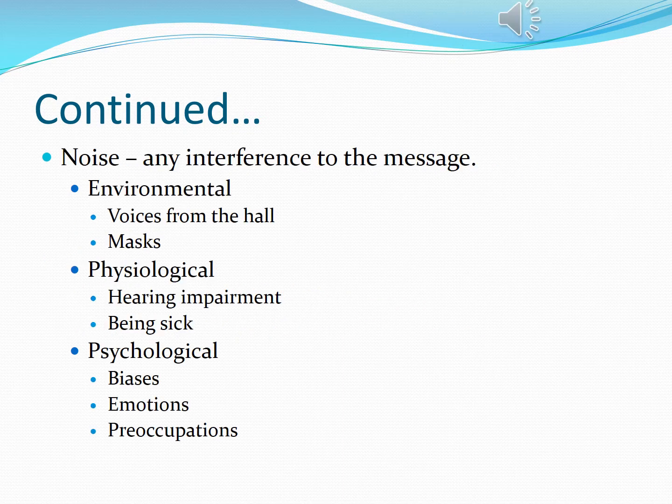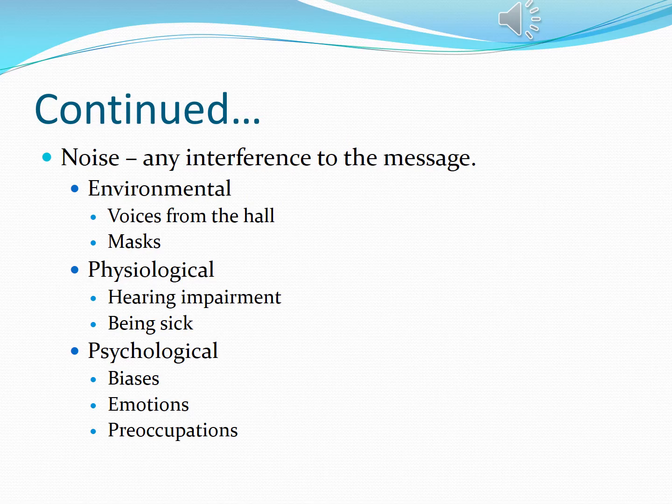Noise is any interference to the message getting from point A to point B, or from point B back to point A. Three different types of noise include environmental, physiological, and psychological noise. Environmental noise is a literal sound, something that impedes our ability to process the words.